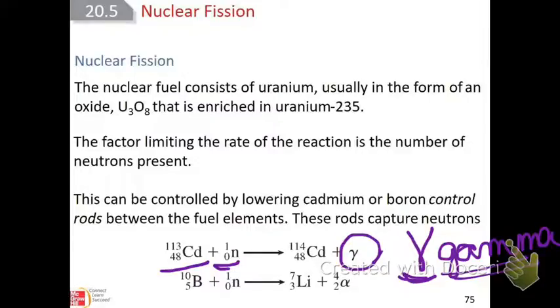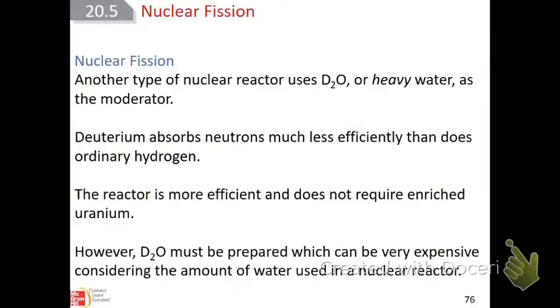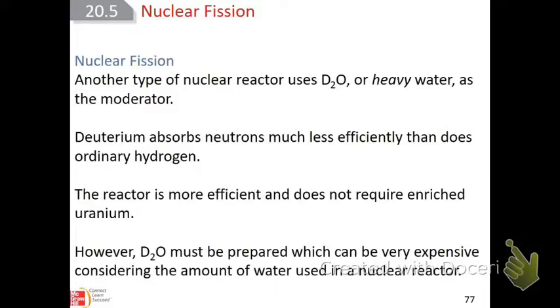And this is what I was talking about on this slide about deuterium, heavy water, and they're using on this one. I accidentally went to the wrong slide. They're using D2O.